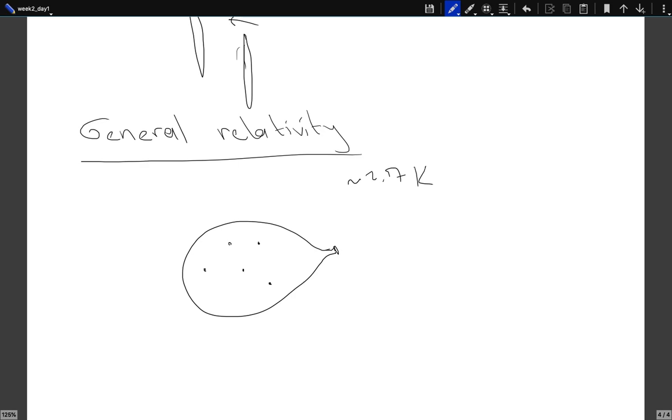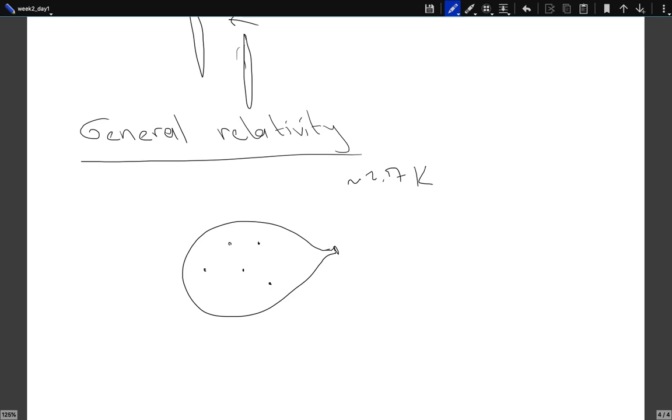But if the balloon is expanding at the same time, then their separation can be increasing much faster than these 2 kilometers per hour. So there are basically two different concepts. One is the speed of the ant relative to the surface of the balloon. The second one is the expansion of the surface itself.